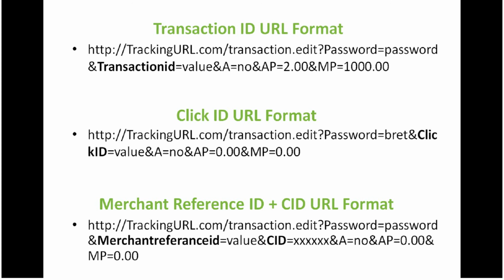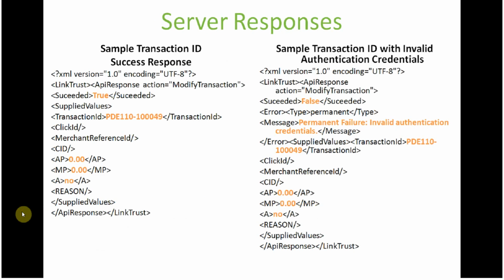When a transaction modification is done from an external source, LinkTrust will respond with the following server responses. LinkTrust server responses are in XML format. For each success or failure server response, LinkTrust will pass back the identifying parameter that was passed in.